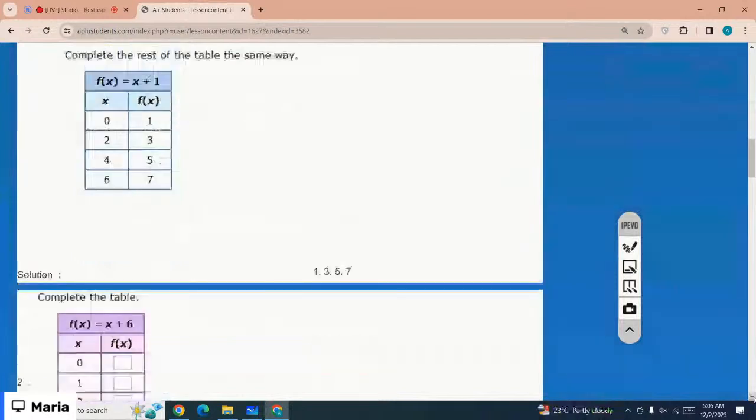And same is the case for x equals 6, that would be 6 plus 1 equals 7. So the missing values are 1, 3, 5 and 7. You just have to put the values of x in the expression and evaluate, right? Let's just start with the test questions.